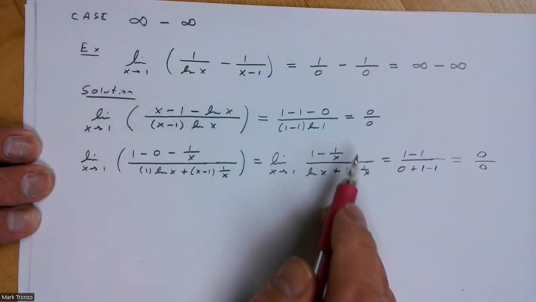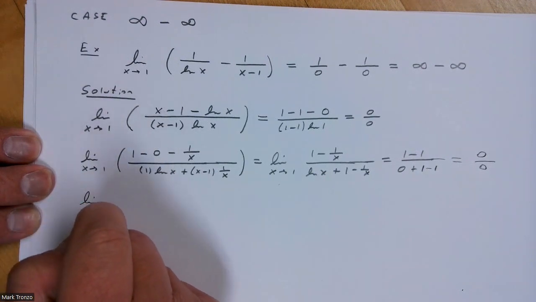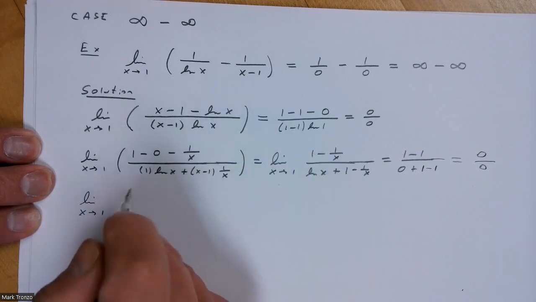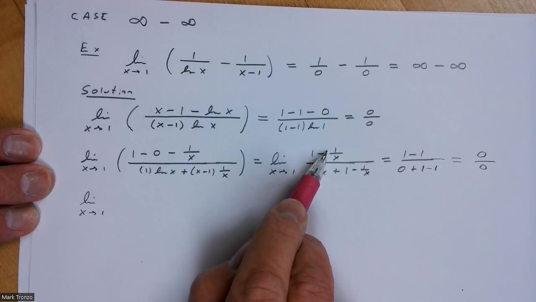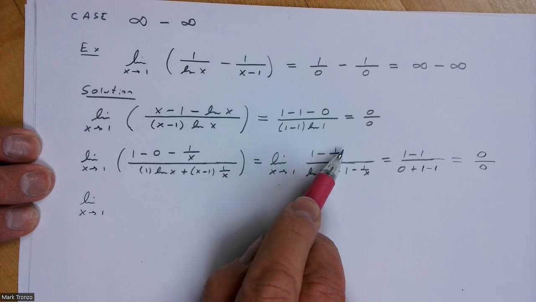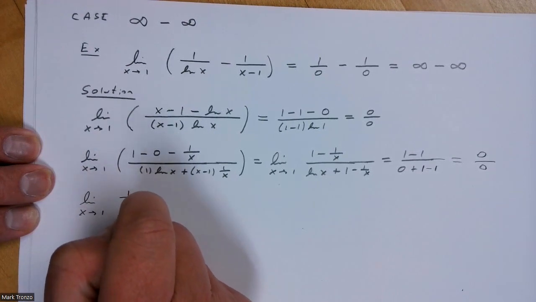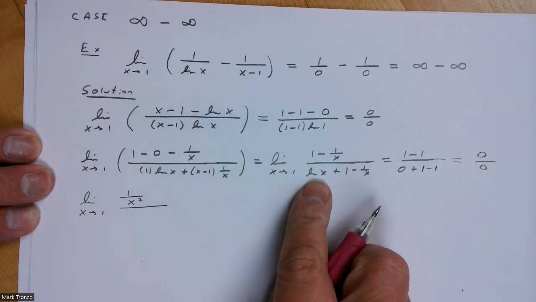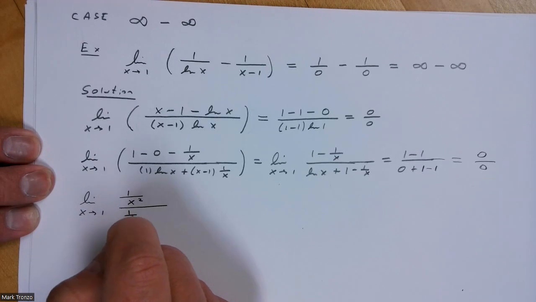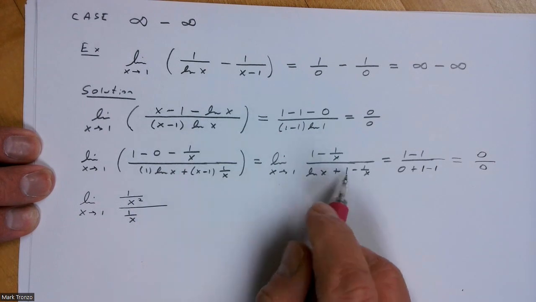Apply it here. Take the derivative of the numerator. That, of course, is going to be 0. Then when we take the derivative of this, that's like x to the minus 1. So bring the minus 1 forward, makes that positive, and that'll be x to the minus 2. Then we can write it that way. And then take the derivative of the denominator. That's 1 over x, and over here, that's going to be plus 0.